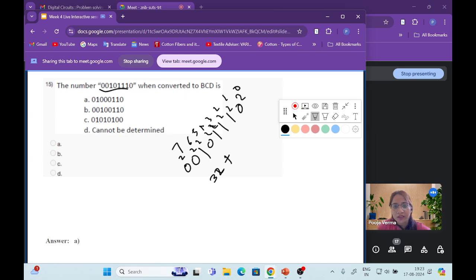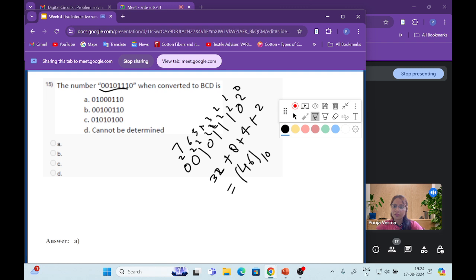Wherever it is 1, we take it, otherwise it will be 0. So 32 plus 2 to the power 3 is 8, then 2 to the power 2, that means 4, and 2 to the power 1 is 2. If you add all those things, you will get 46. So the decimal representation of this number is 46.